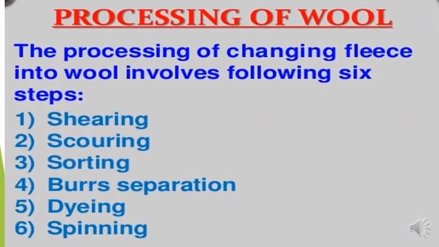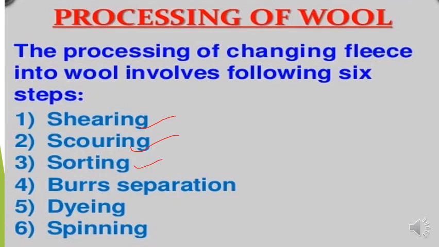Processing of wool. The processing of wool, changing of fleece into wool, involves the following 6 steps. Let us see which are the 6 steps. First one is shearing. Second step includes scouring. Third one is sorting.